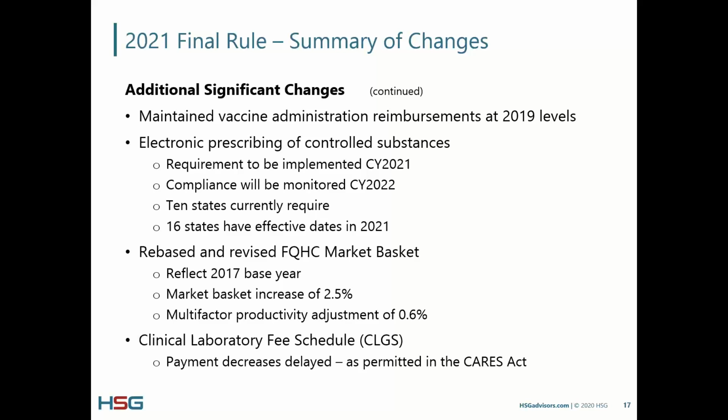But you notice that's only 26 out of the 50 states plus District of Columbia plus territories. So it's basically only half. Those states that don't have anything on the books, if you're practicing in those states, this is going to really be an issue.